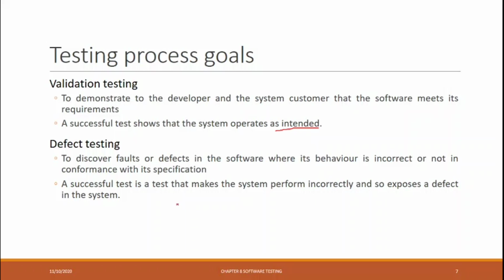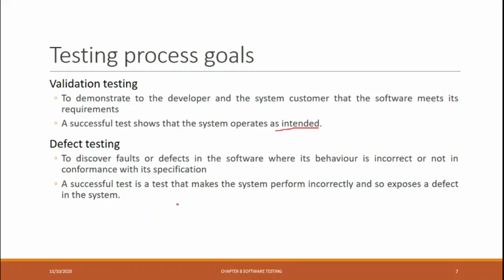So we are making the system perform incorrectly so that it exposes the defects. That is how defect testing and validation testing go.